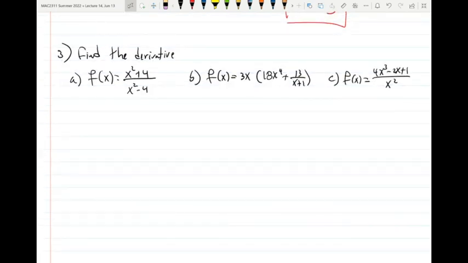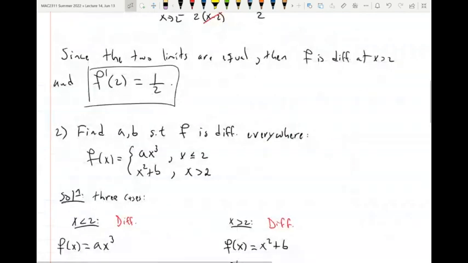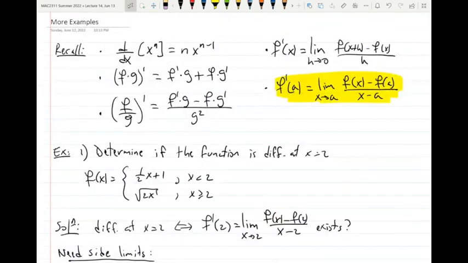So now do it. At least 8. I'll give you a couple of minutes to try on your own. Then, if you don't remember, here is the quotient rule. So what's F and what's G in this problem?